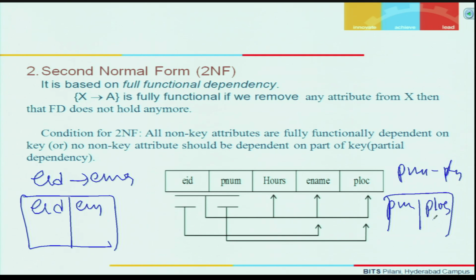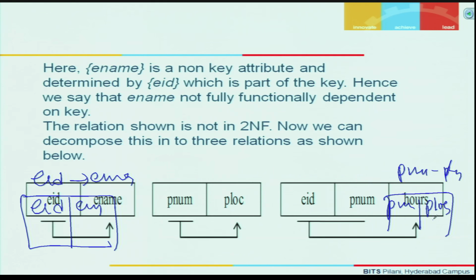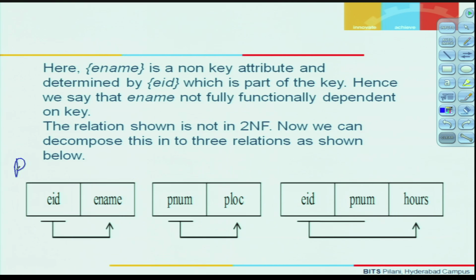This is called decomposition. The single employee table is now decomposed into 3 relations: relation 1, relation 2 and relation 3.